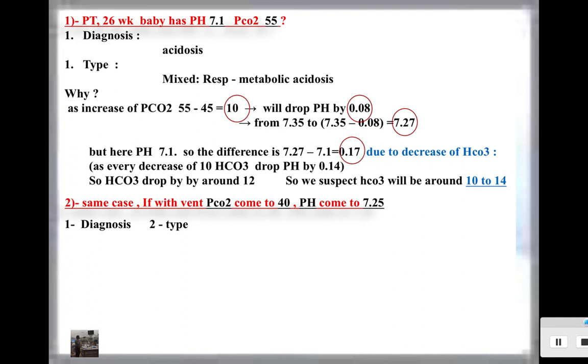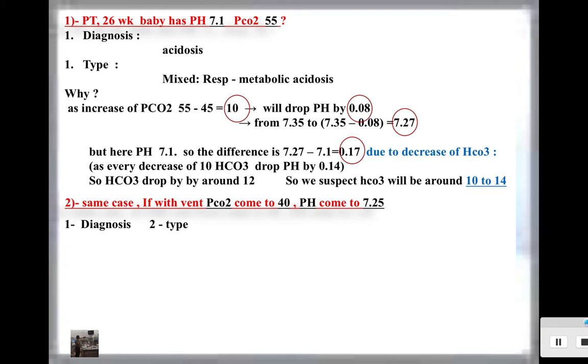And we can calculate how much bicarb was lost here that produces this defect in the pH of 0.17, also from the equation.